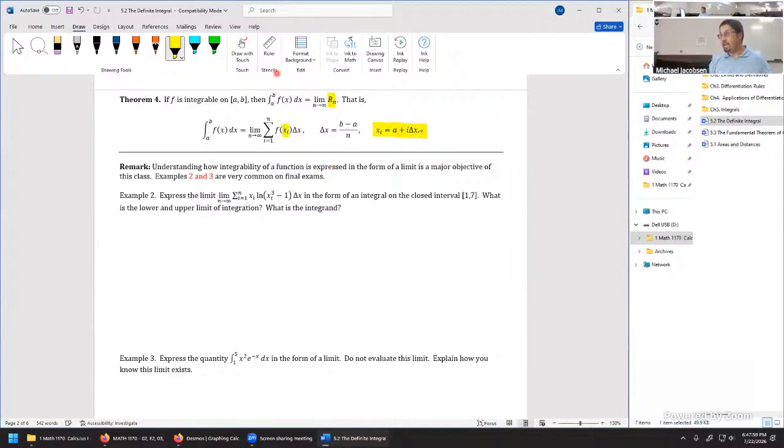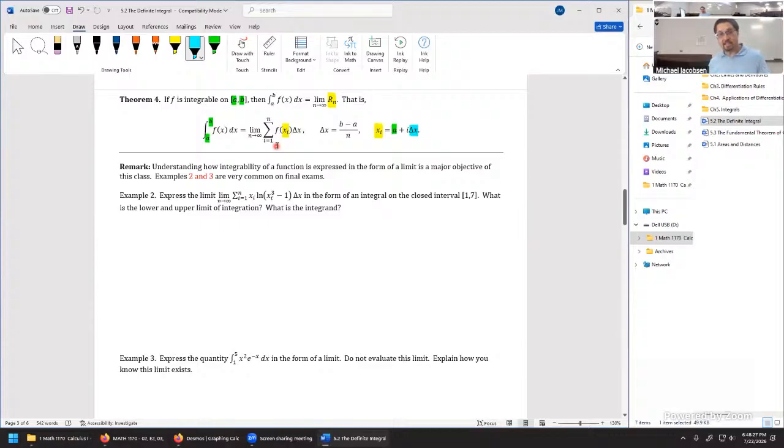Xi is defined in this way, a plus i delta x, where a comes from the lower limit of integration, b is the upper limit of integration, and delta x, just like everywhere else in the notes, is defined in this way. i here is not the complex number, it's just the indexing for our sum that we're taking a look into.